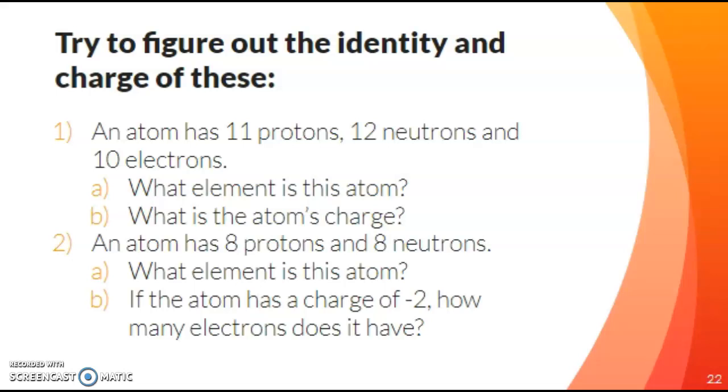Remember, charge is protons minus electrons. So 8 minus what number is negative 2? 8 minus 10 would be negative 2, right? So it would have 10 electrons, which would give it a charge of negative 2, because then I would have 2 more negative electrons than I do positive protons.